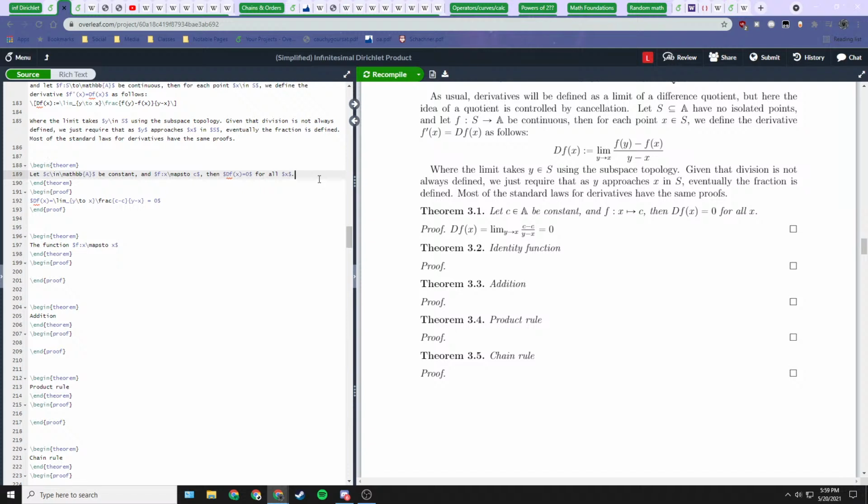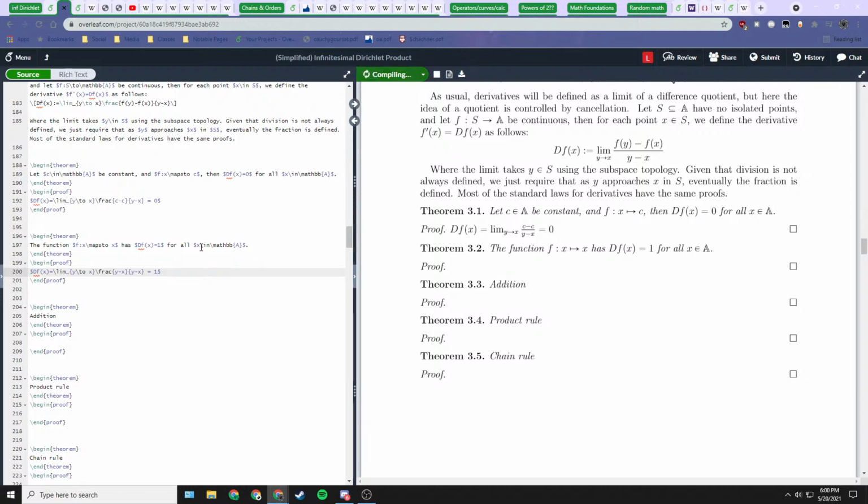Let me actually be a little more specific here. For x in A, f has derivative 1 for all x in A. And the proof of this is also one line. df of x is just the limit, with y going to x, of our fraction, y minus x over y minus x, which is just 1 again.